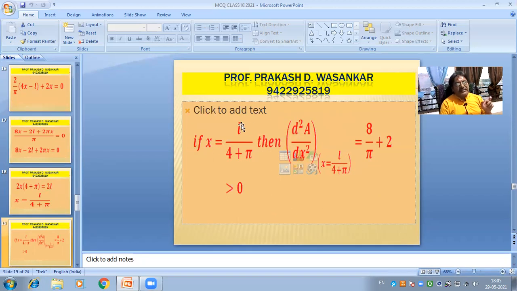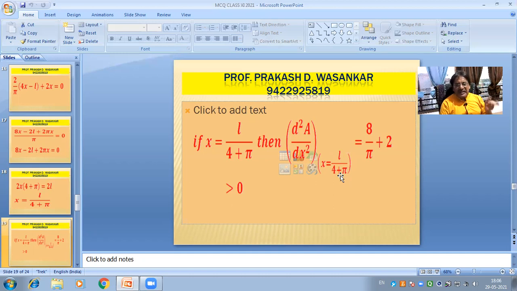So if x is equal to L upon 4 plus pi, then we put the value of x in the second order derivative. d2A by dx square at x equal to L upon 4 plus pi equals the second order derivative, which is constant, that is 8 upon pi plus 2. And this is positive, which is greater than 0, meaning d2A by dx square is greater than 0 for x equal to L upon 4 plus pi.